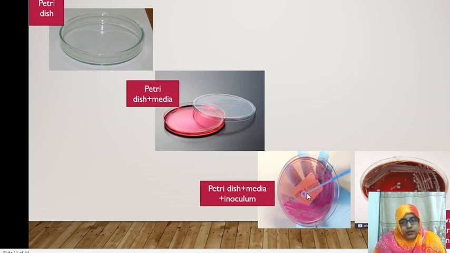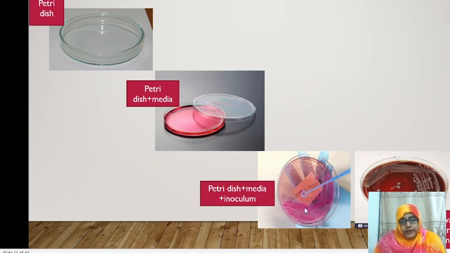This is a loop in which a sample of bacteria was taken. You see here, petri dish plus media plus inoculum, means inoculum is placed in this loop and a pattern is drawn. How the lines are drawn we will discuss later.